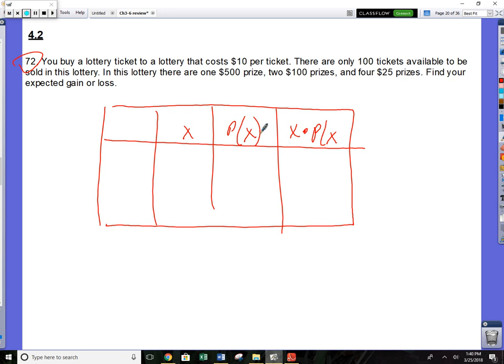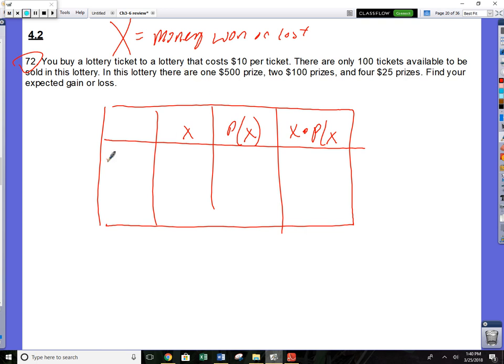Okay, so here are my outcomes. So big X again is going to be money won or lost. Okay, so here we go. Here are my options.